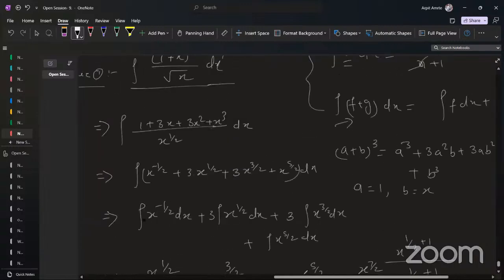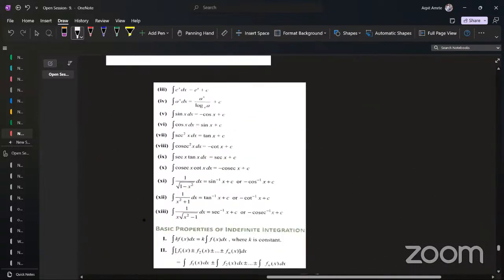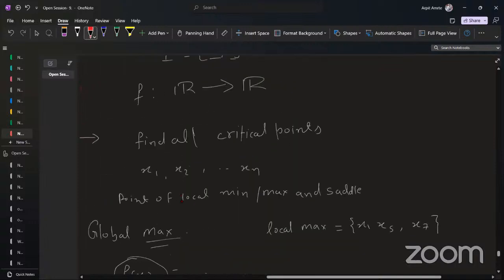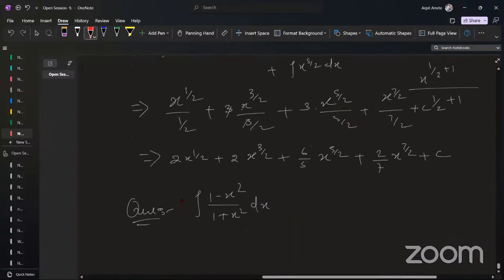You have so many formulas in your hand. See, so many formulas are there. So most probably this question is somehow looking like this formula, right? And also, if we try to do whatever we can do, we will do.